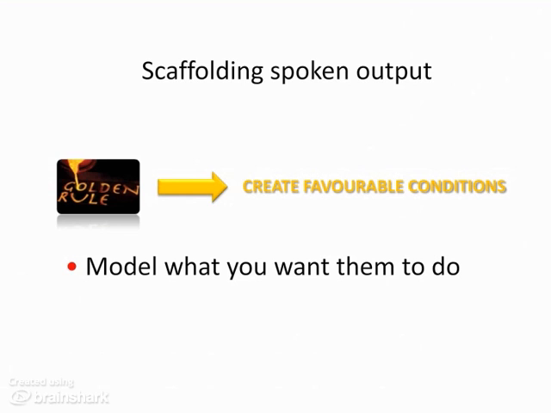So modelling on the part of the teacher is a very good technique because students will complete tasks more effectively if they know exactly what you want them to do.